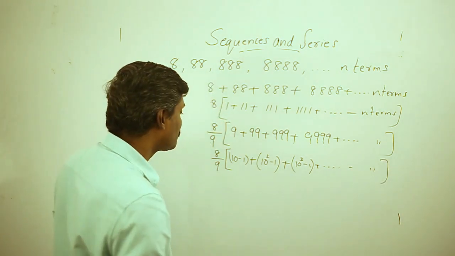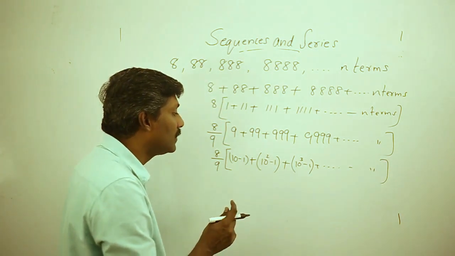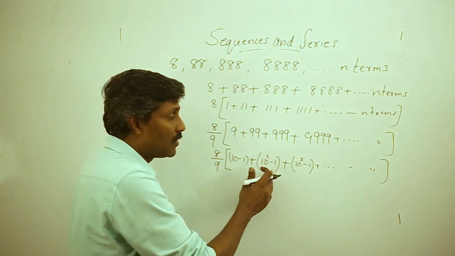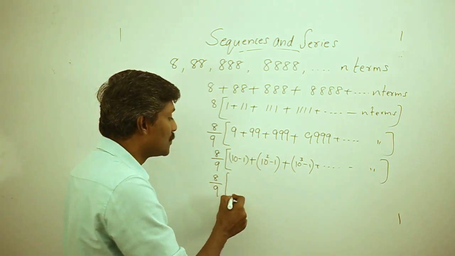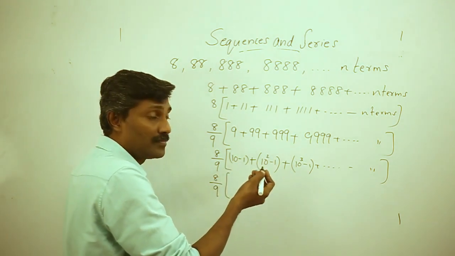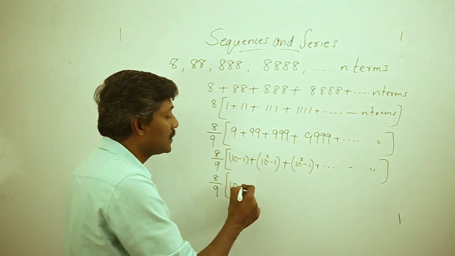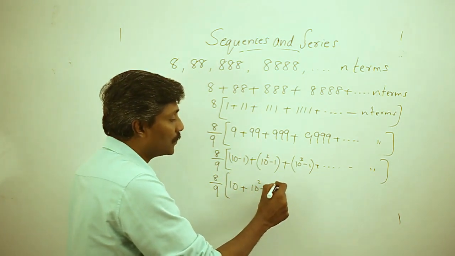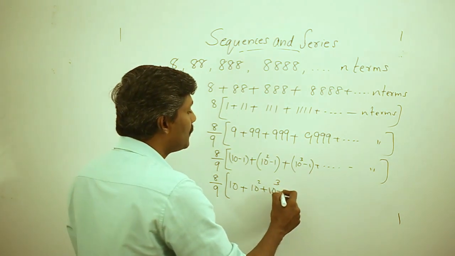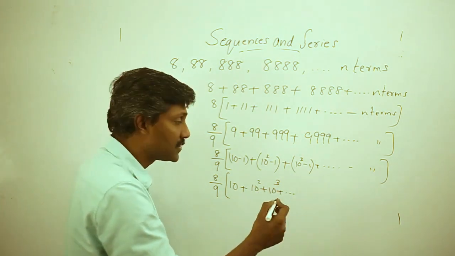Okay? Now I can combine the first terms of each of these together, which is nothing but 8 by 9 into, I write the powers of 10 first. Okay? So 10 plus 10 square plus 10 cube plus etc. up to n terms.